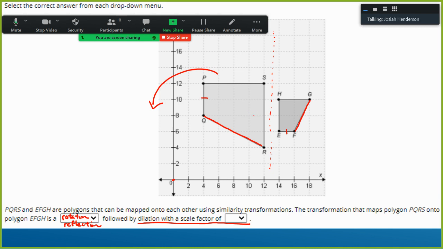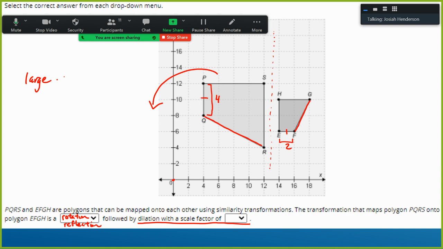So to find the scale factor, let's compare two proportional sides. So PQ from here to here, how many units is that? Now we'll have to count them on the graph. 8 to 12, so that's 4 units tall. And then EF is 14 to 16, 2 units.